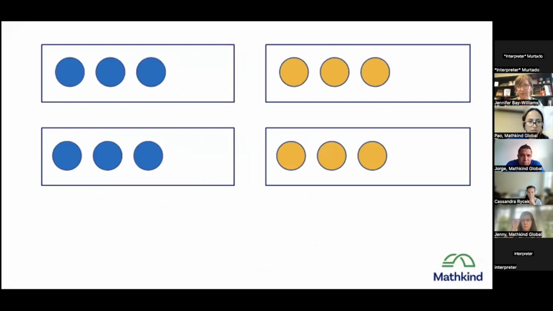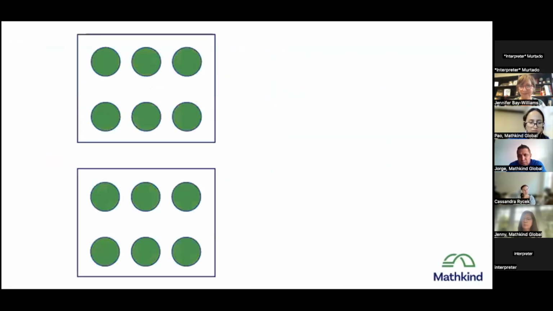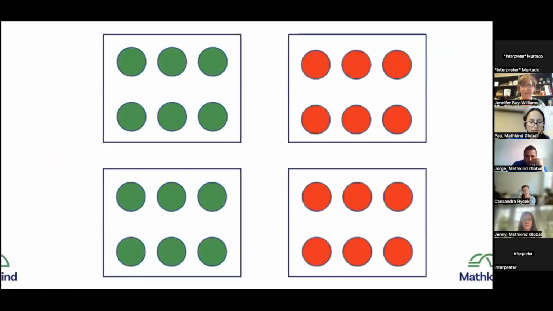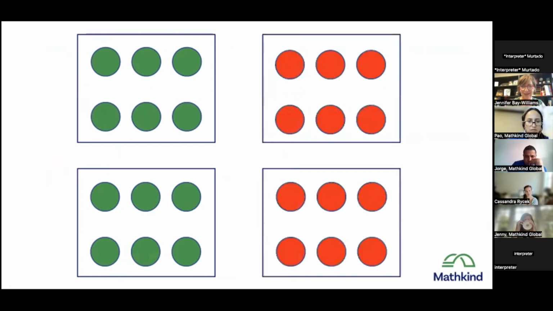So 4 3s is the same as 2 6s. So 2 6s, 4 6s. And then you can just keep going.